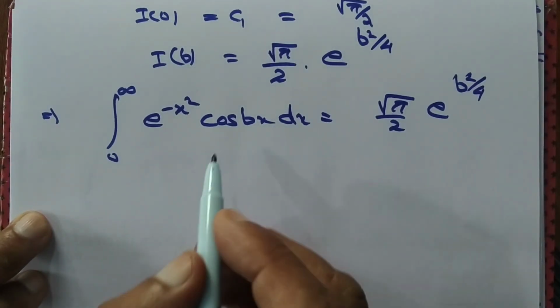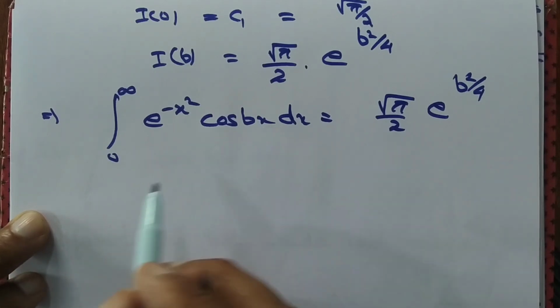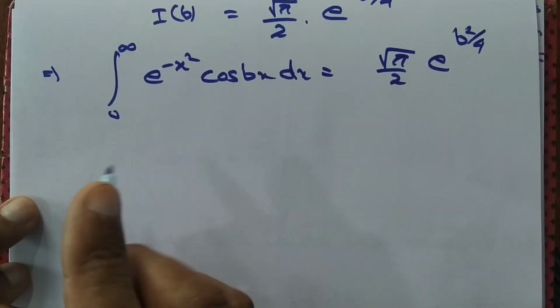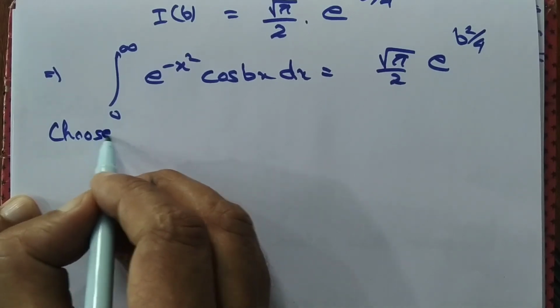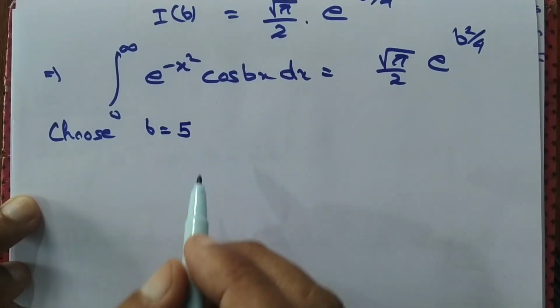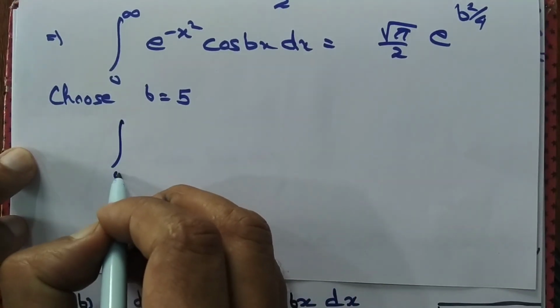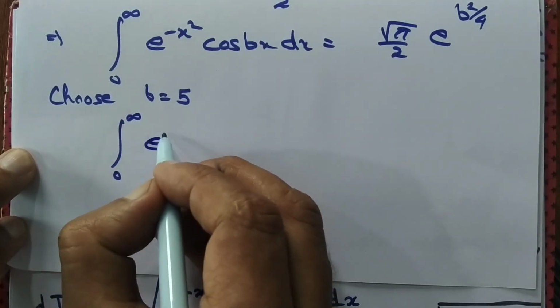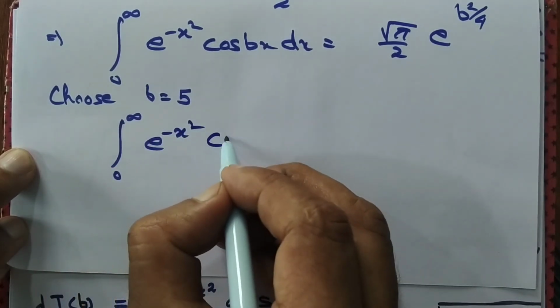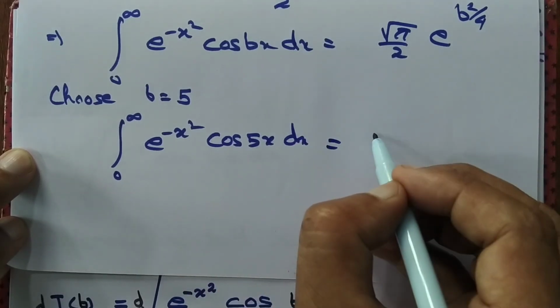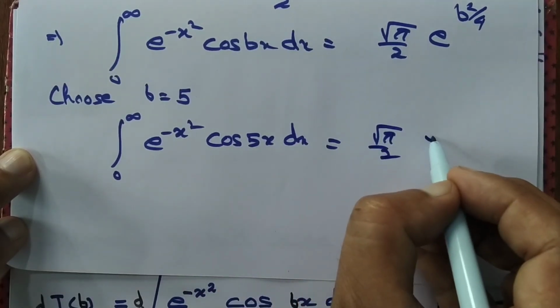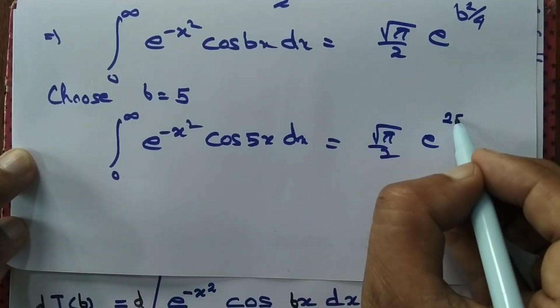Now we are asked cos of 5x dx, so we choose b equal to 5 and say that the integral 0 to infinity e to the power minus x square cos of 5x dx equal to root pi by 2 e to the power 25 by 4.